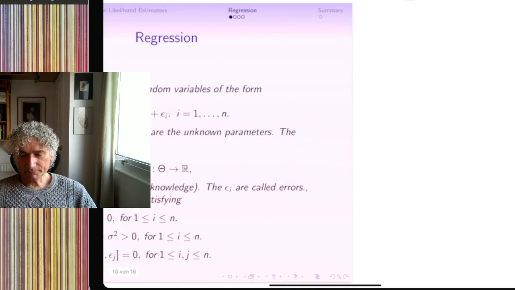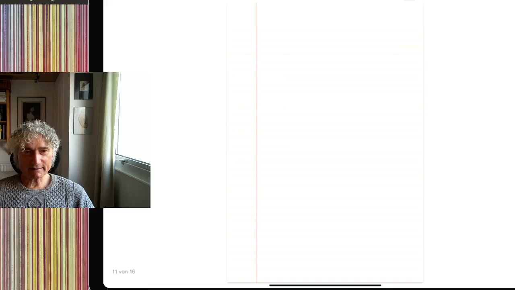Now I should say a little bit about this. Say you want to create this function g i of theta from some mathematical model.